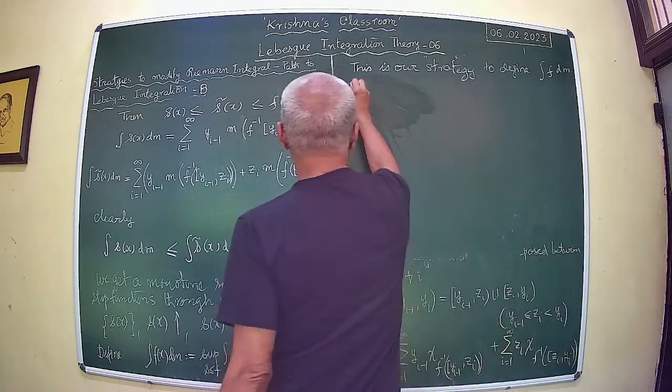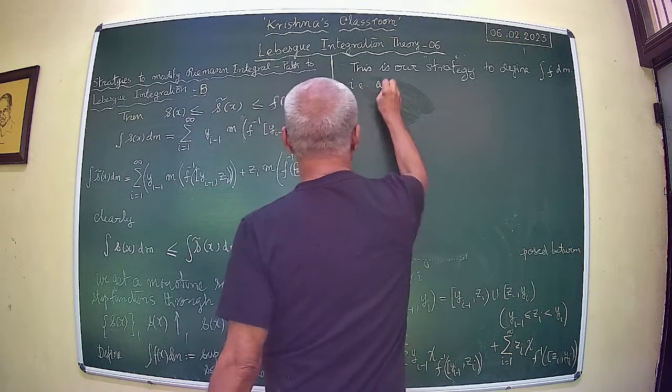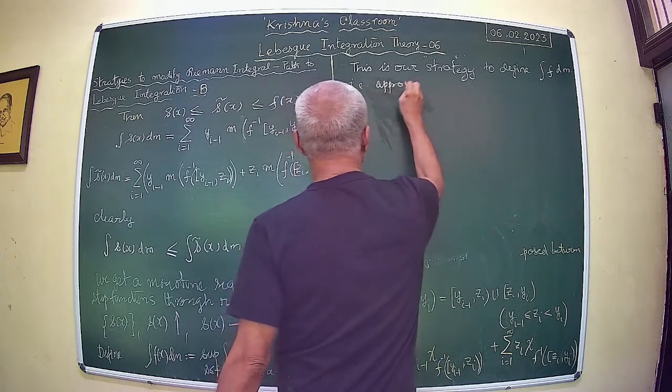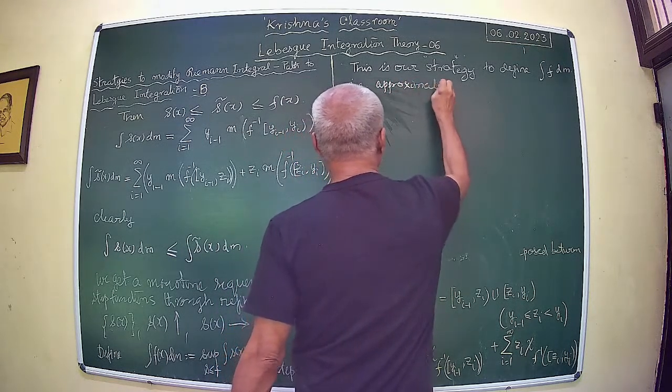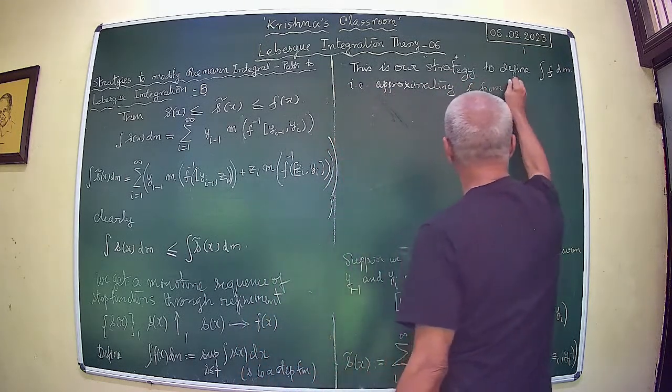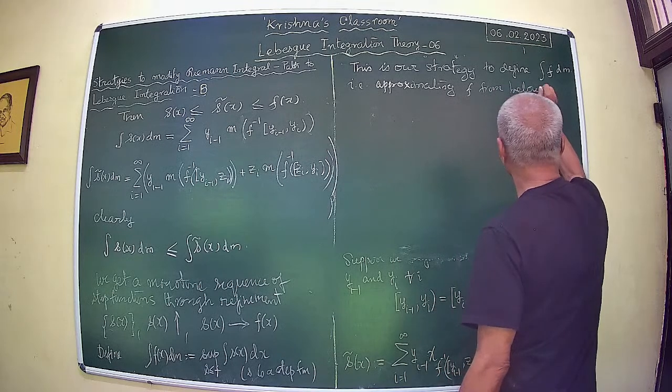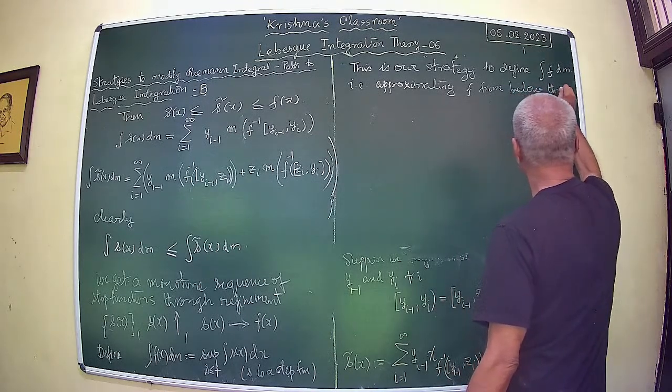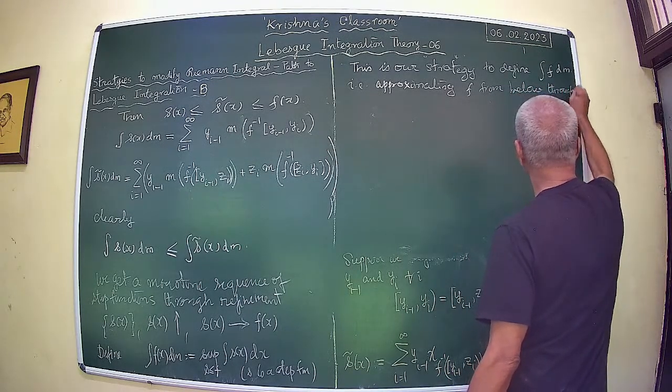That is approximating f from below through step functions.